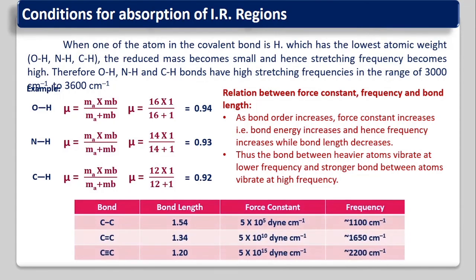See this table. These are the three bonds: carbon-carbon single bond, carbon-carbon double bond, and carbon-carbon triple bond. As we know the bond lengths, the single bond is 1.54 Angstrom, the double bond is 1.34 Angstrom, and the carbon-carbon triple bond is 1.2 Angstrom. So the bond length is decreasing, and the bond becomes stronger. The double bond is stronger than the single bond, and the triple bond is stronger than both.